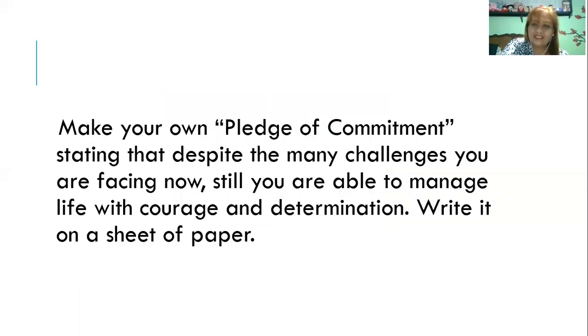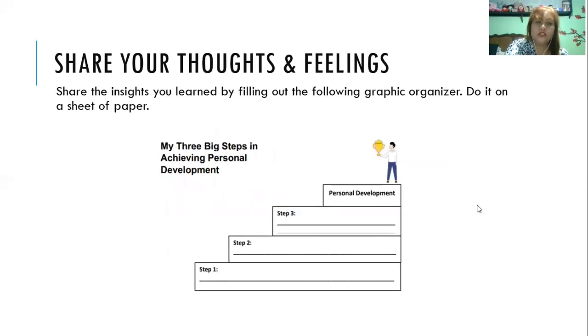All right. So the last activity that we have is making your own pledge of commitment. When you say pledge of commitment, that is what you want to state, what you want to write so that you'll be able to manage your life with courage and determination. So what is this pledge of commitment all about?